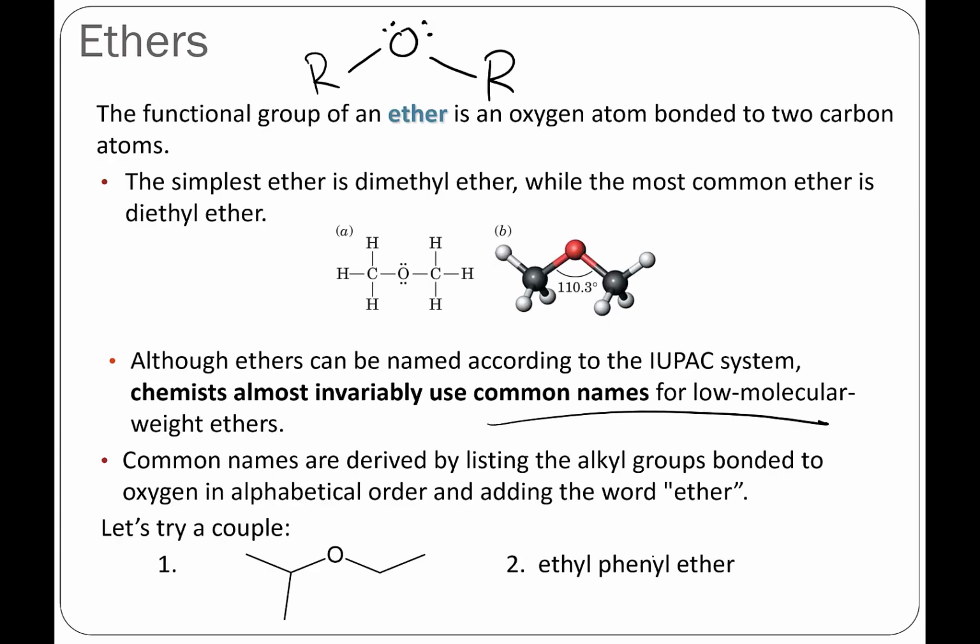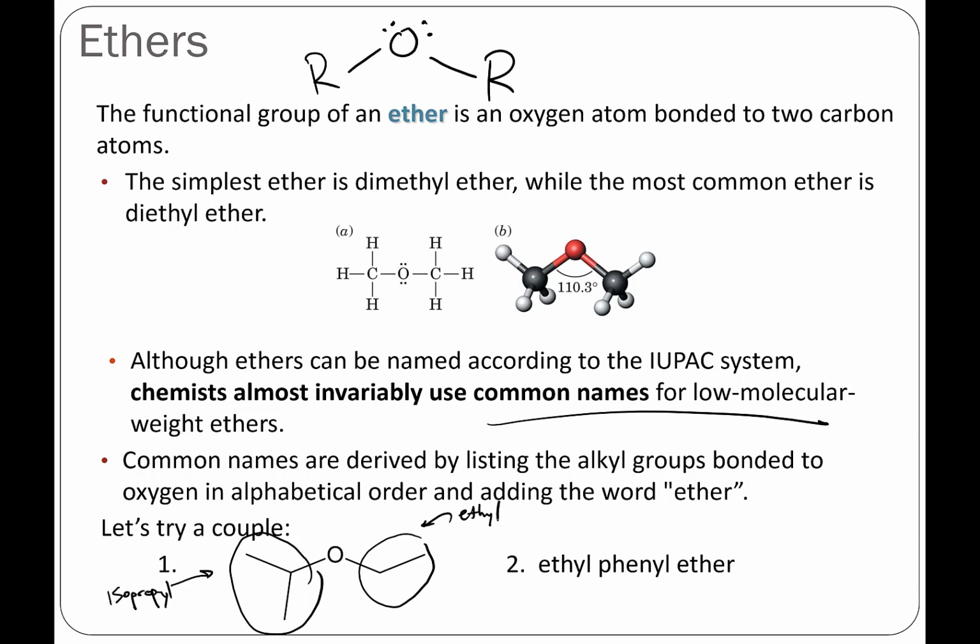Good, I have a slide there as well. So if we're thinking about this one, maybe we'll do ethyl phenyl ether on the next one. So really, again, all I have to do is look at the two R groups attached, and I think you'll agree they're isopropyl, right? These are getting more and more familiar to us. And then ethyl.